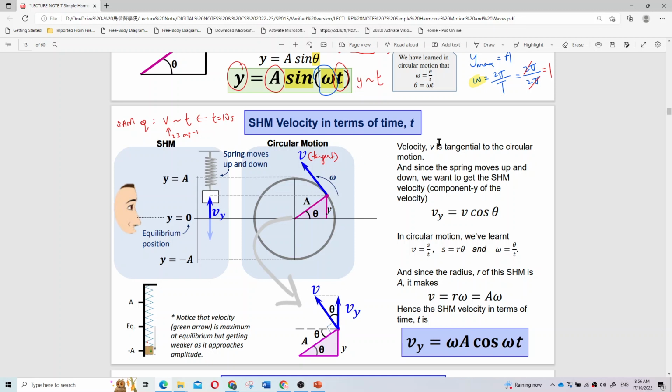You see, velocity is tangent to the circle. So ambil dari tangent velocity. Okay, so since the spring is moved up and down, we get the SHM is the y component of the velocity. It is the y component of tangent velocity.